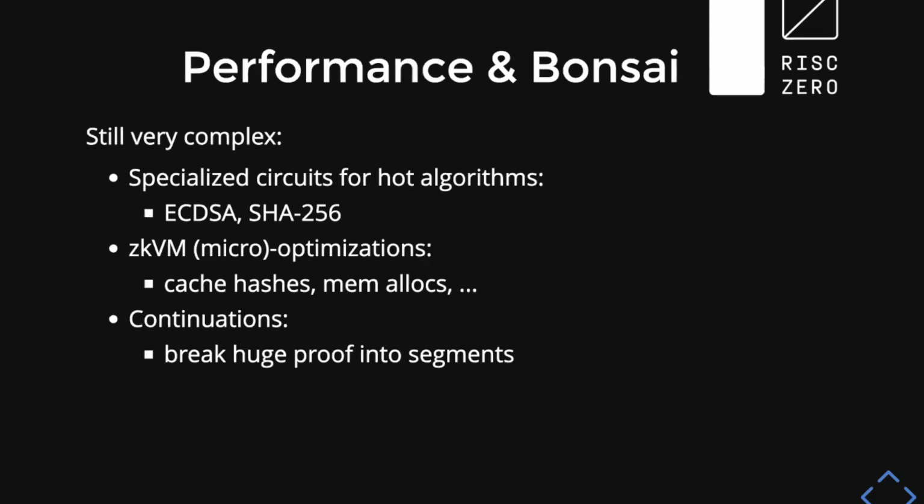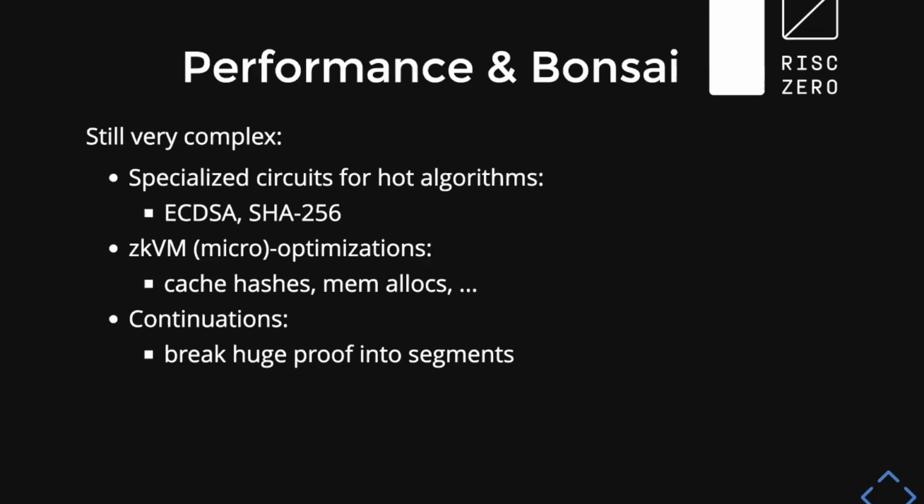And the equivalent in the ZK world is exactly that. You basically develop specialized circuits for exactly those things. And we're currently using specialized circuits for ECDSA. So that is the signature scheme used in Ethereum. That helps a lot. We also have a special circuit for SHA, which is admittedly not so relevant for Ethereum since it uses a different hash function, but still there's a SHA precompile which benefits from this. So it does have some benefits.